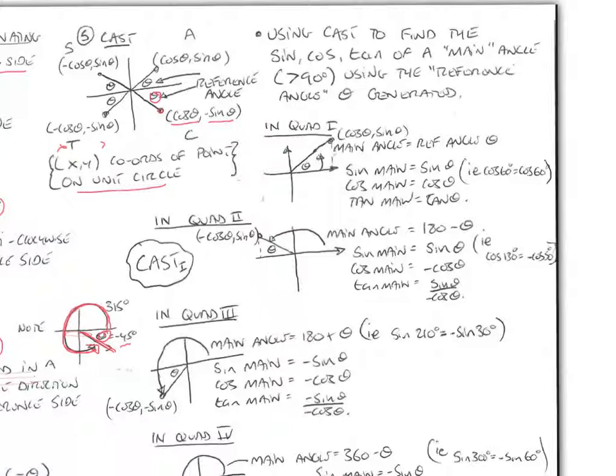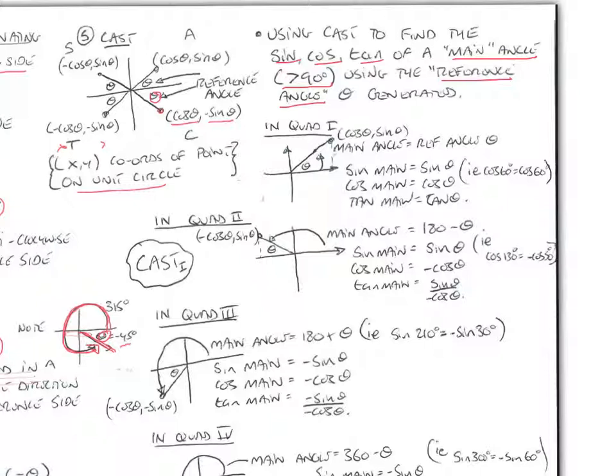The main angle is the angle that's greater than 90 degrees, because we can use the trig ratios to find the sine, cos, tan of any angle between 0 and 90 degrees in a right angle triangle, but when they're bigger we have to use the CAST rule. So we'll have a main angle for which we're trying to find the sine, the cos or the tan of, and we'll find that by noting this reference angle that's generated by the main angle.